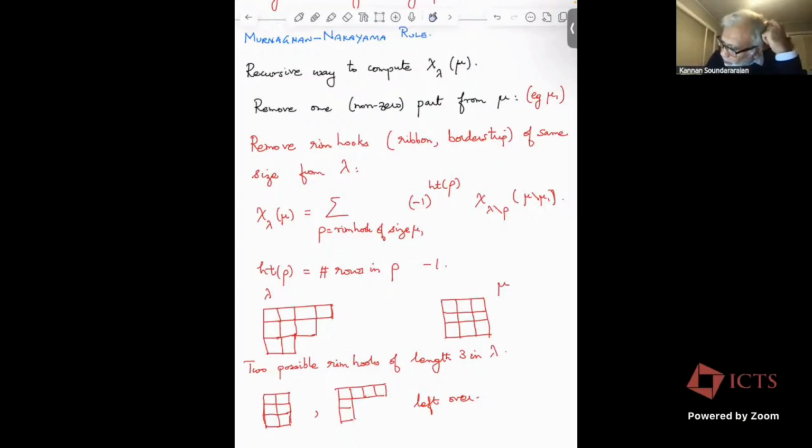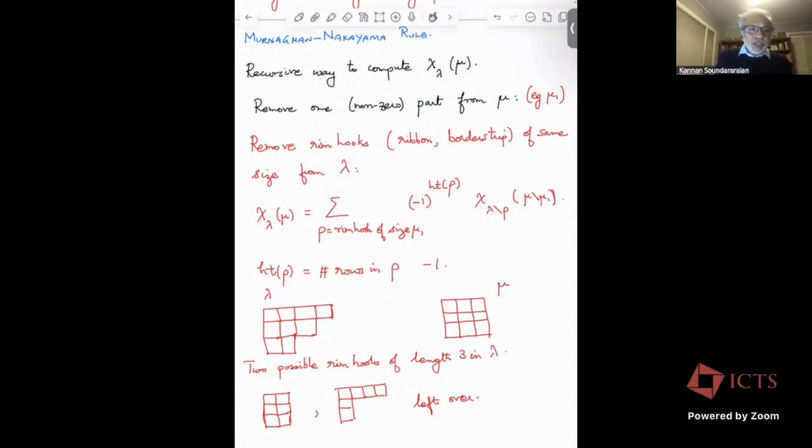So the way in which you can compute this character value: each partition you can think of using its Young diagram or Ferrers diagram. So you have a bunch of boxes like I have drawn here for lambda and mu, and I've given you two examples of what a partition looks like.